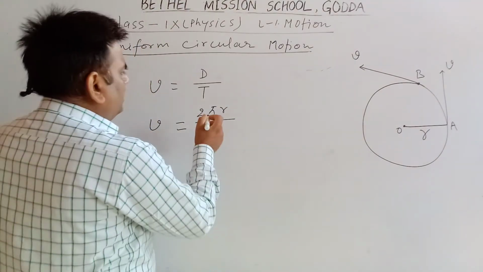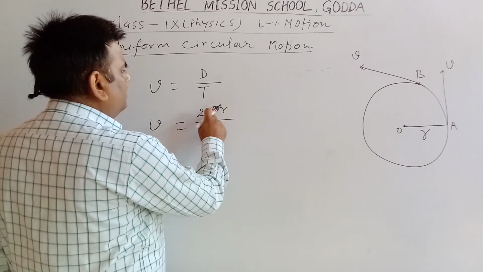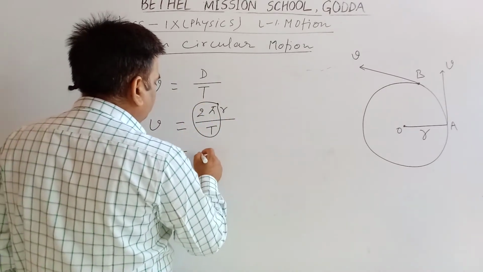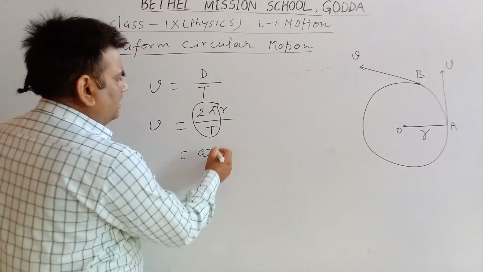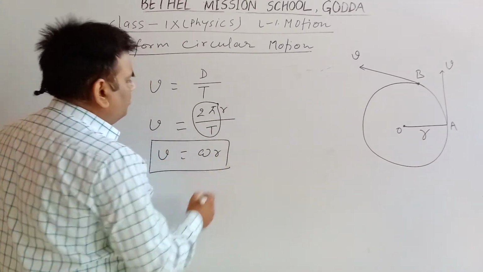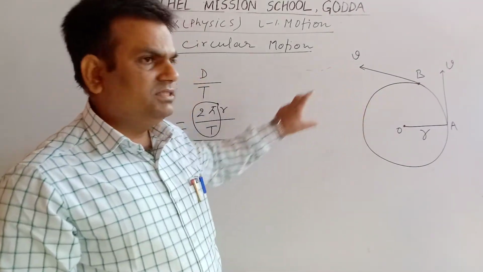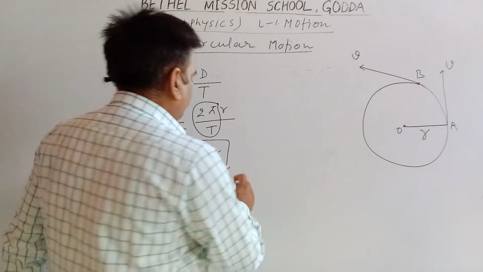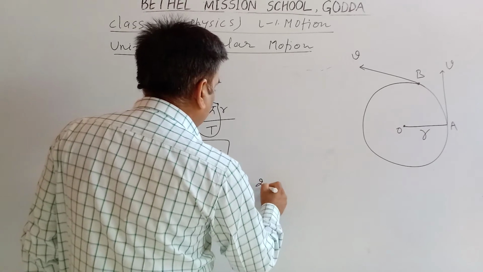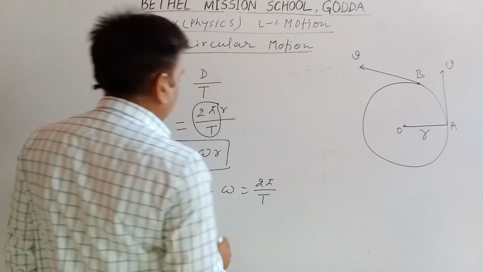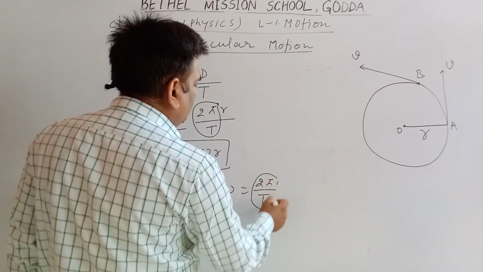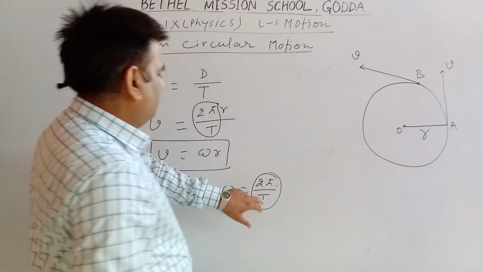Now 2 pi by t, this value is known as omega. So the velocity of the object when it moves on a circular path is omega r, where omega equals 2 pi by t, and this is a constant value.